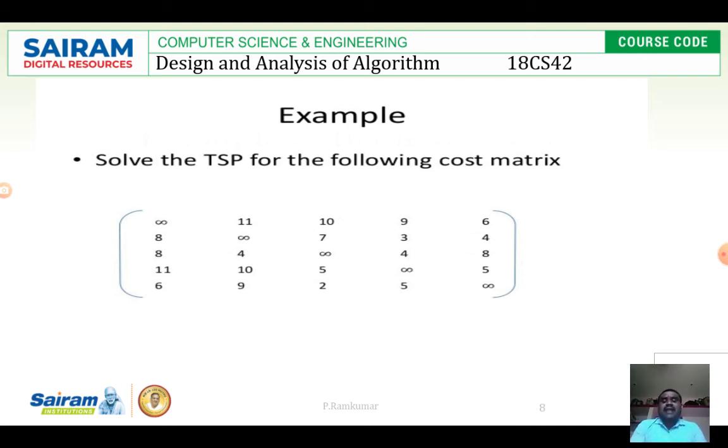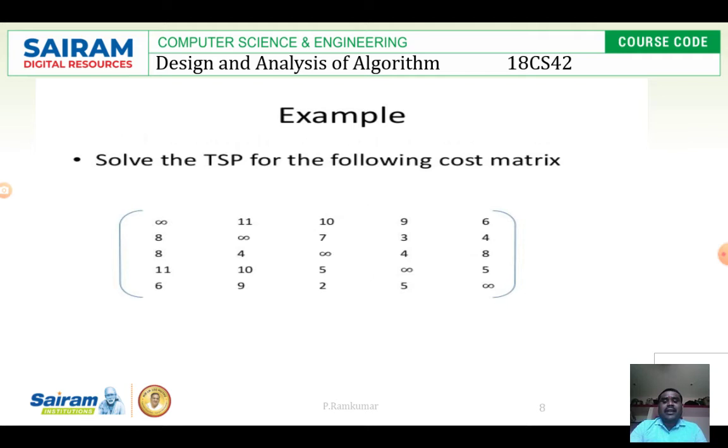So this is the matrix given. When you look at this matrix, the diagonal elements of the matrix are infinity. This matrix is called a cost adjacency matrix. For example, here 5 rows and 5 columns are available, so it is a 5 by 5 matrix.